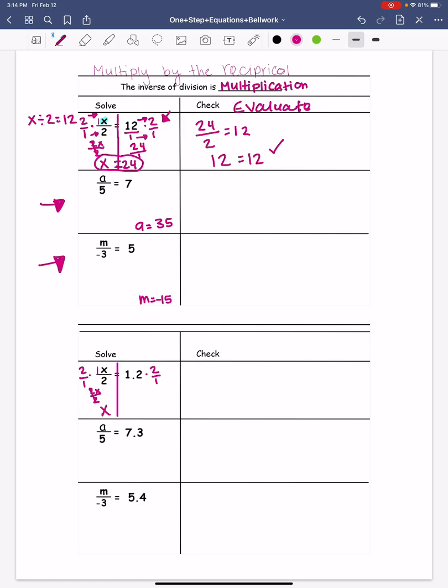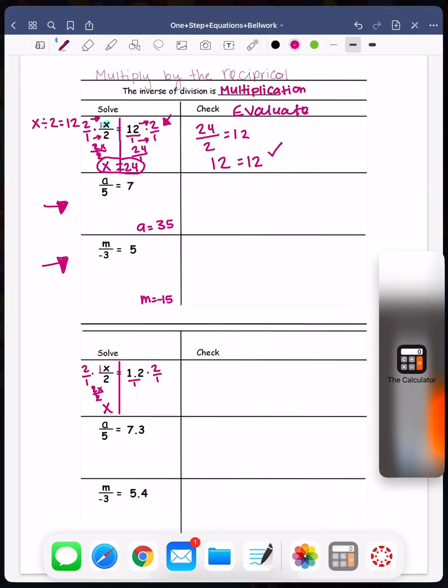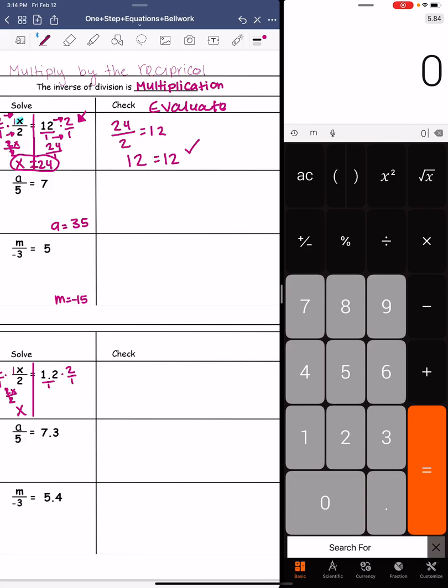And 1.2 over 1, if you want to keep it as a fraction. When we multiply with a decimal, we can still just punch it in our calculator. 1.2 times 2 is 2.4. 2.4 over 1 is just 2.4. So we get x equals 2.4.